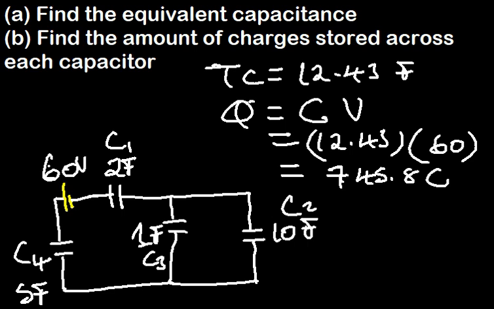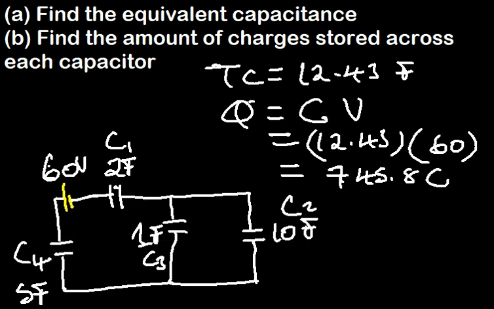Since they are both in series, the flow of the total charge, 745.8 coulombs, is the same for this one as well as for this one. So this total amount of charges is the same flowing here and also flowing here.